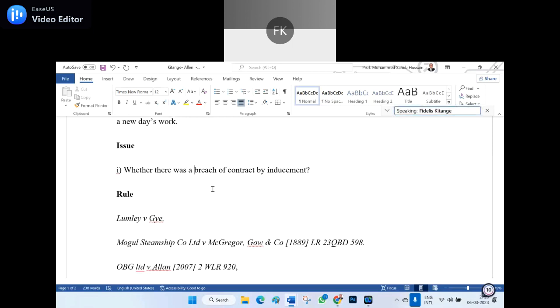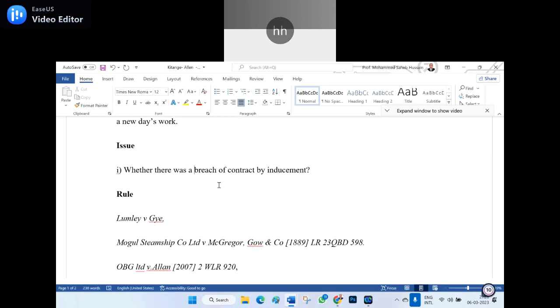Then, Prof. Your prayer is: if a person has made a breach of a contract by the inducement of a third party, then the person who was in the contract and who was injured by the breaching of this contract can bring an action against the third party who induced one of the party members, whereby he or she breached, for damages. So what is your prayer?